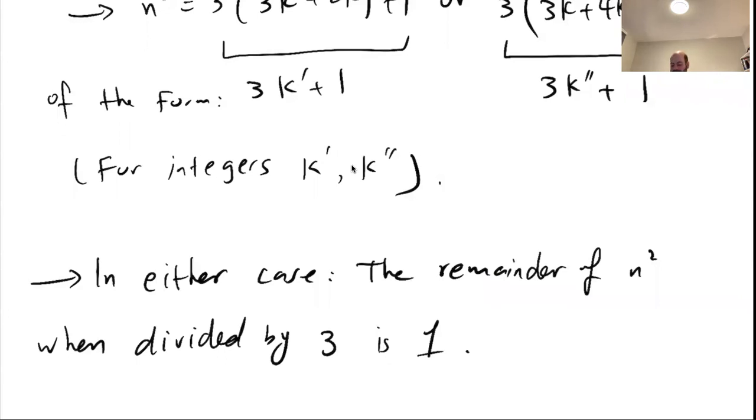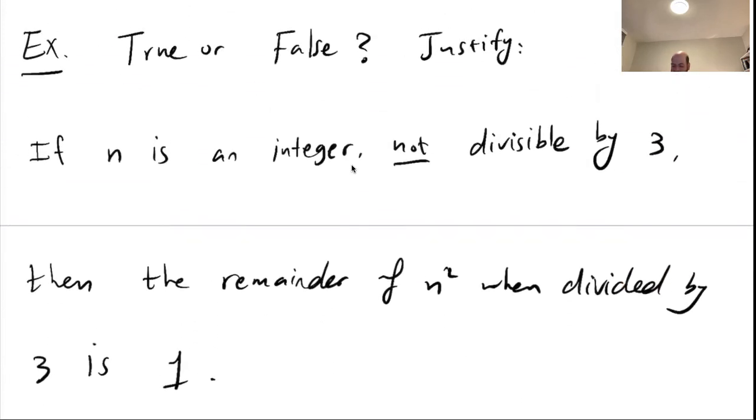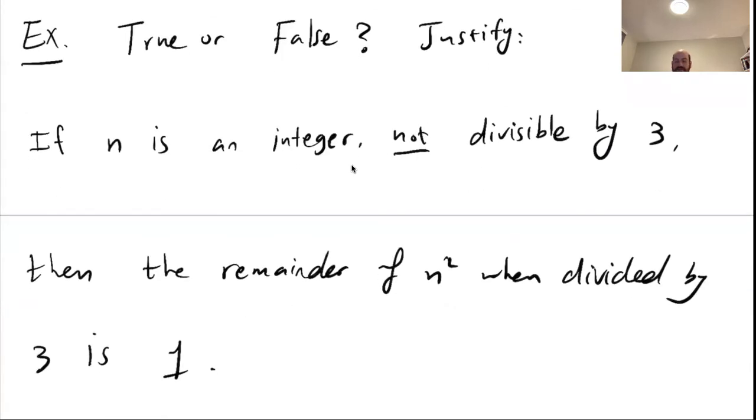Okay. Now, another example, a similar one to what we provided here. Let's say I remove the condition. Look at the assumption here: it was saying n is an integer and is not divisible by 3, and then we said n squared has remainder 1.